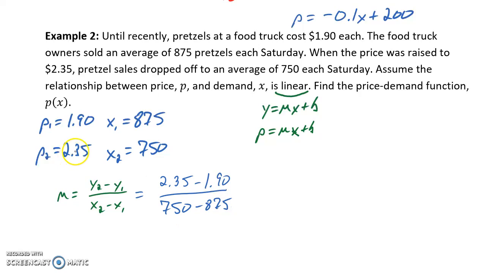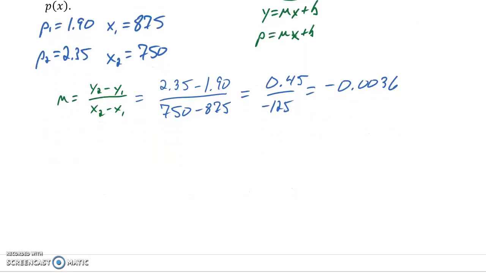So if P2 comes first, then X2 needs to come first in that equation. So this would give us 0.45 over negative 125, or negative 0.0036. So that gives us the slope for our linear price demand equation.